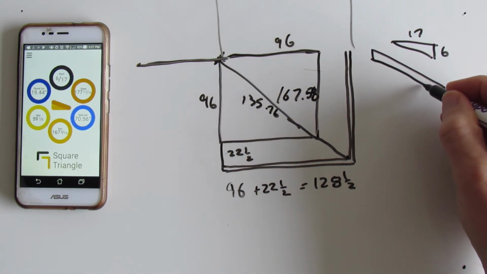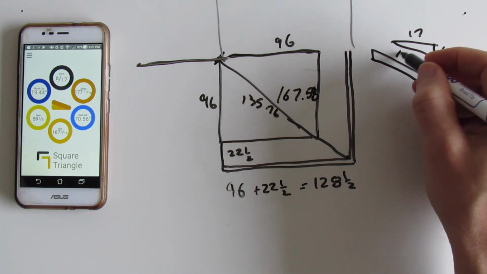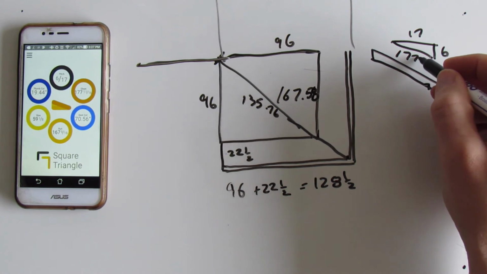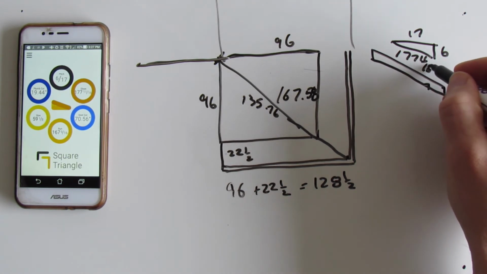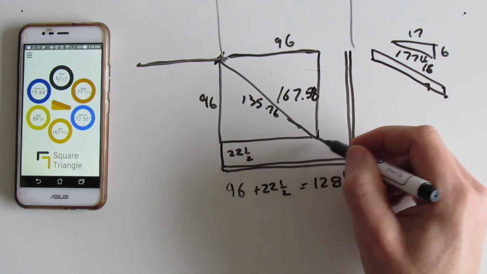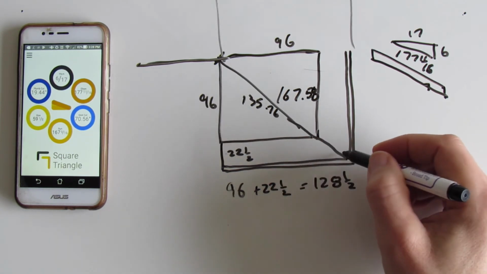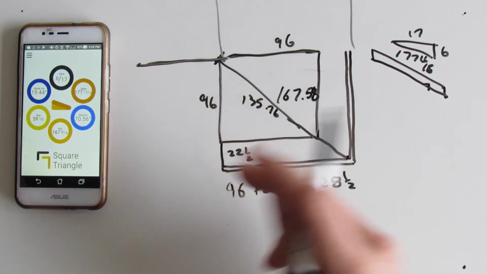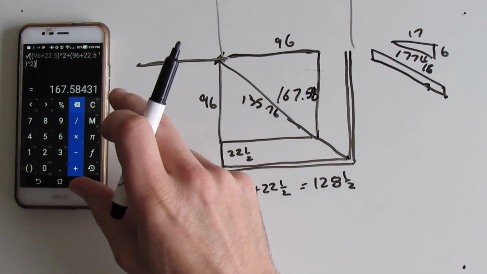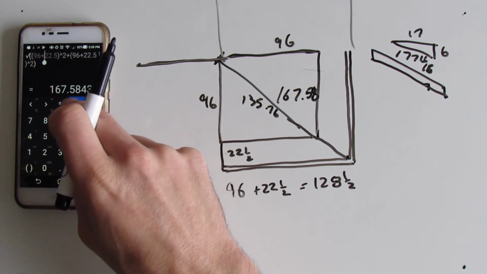We still need to find a place for a bird's mouth, so this overall length is 177 and 11/16. We need to figure out what this distance is to come back up into here, so we need to figure out what the hypotenuse of 22.5 is. So we'll go back into the calculator app, the Calculator Plus, and let's take that part out.